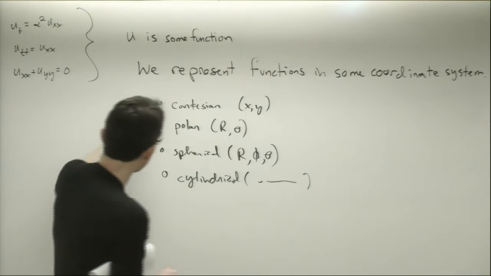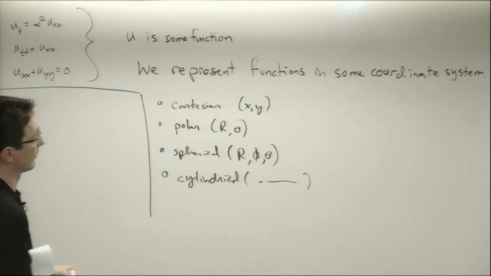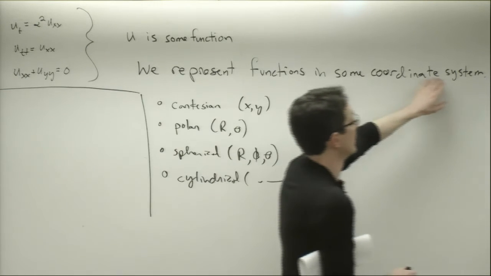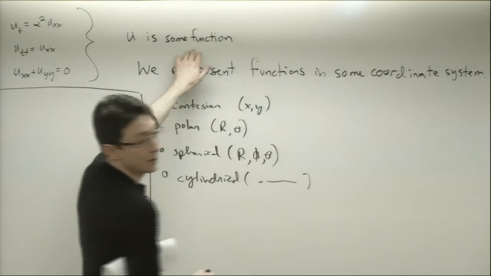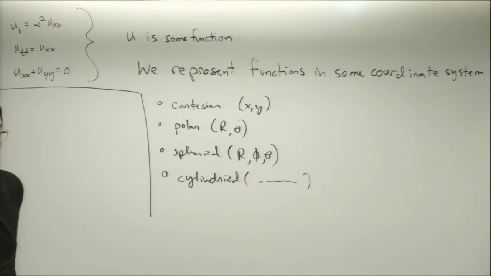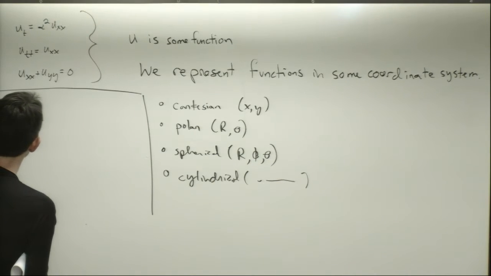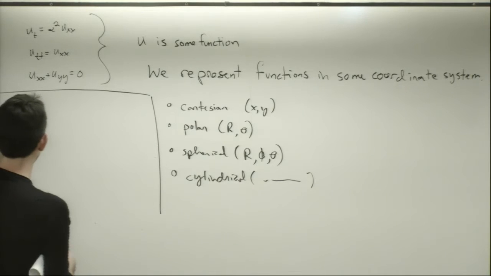So Fourier transforms and Laplace transforms are no different. They're just a new coordinate system where we can write our function where the physics, the equations, and the solutions simplify. Fourier and Laplace are basically very similar.